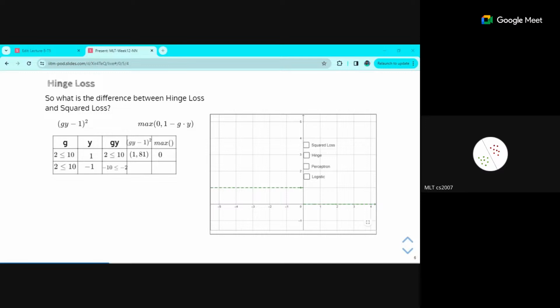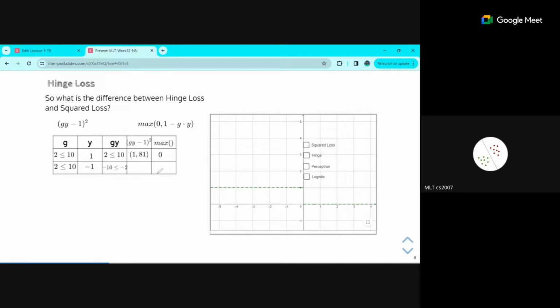You want to ensure that the loss is 0 even for a marginal prediction or a prediction with high confidence. Whereas if there is a misclassification, based on the confidence of the misclassification, I have to penalize it, so I have to increase the loss function. That's what this max function is actually doing.